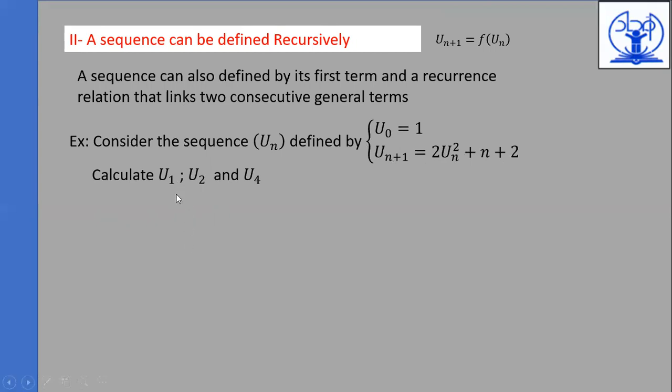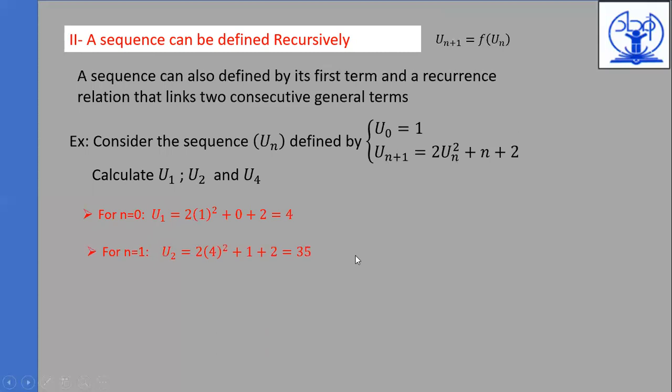To calculate u1 or u2 or u4 or u whatever, you need to use this recursive relation. To find u1, you should replace n here by 0. Replacing n by 0, this recursive relation will be u1 equals 2 u0 squared, but u0 is 1, plus 0 plus 2, and consequently u1 is 4.